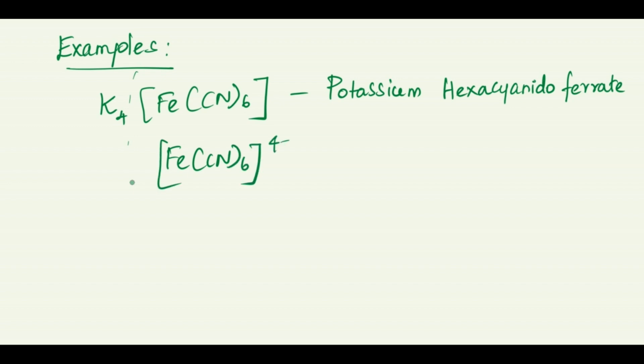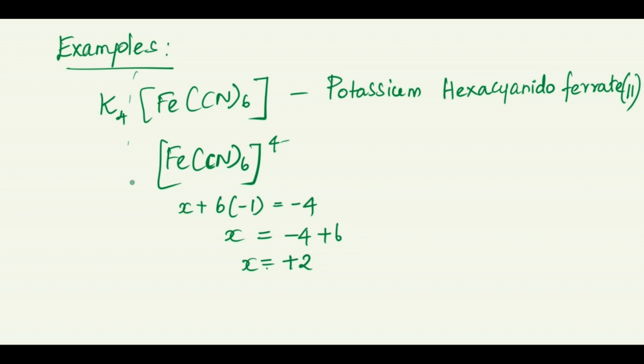This is 4 minus, isn't it? K plus and 4 minus. The metal oxidation state I don't know, so I take it as X. How many cyanides are there? Six cyanides, a monodentate ligand, so minus 1 each. Overall the charge is minus 4. So X becomes minus 4 plus 6, that is plus 2. So the oxidation state of iron is 2.